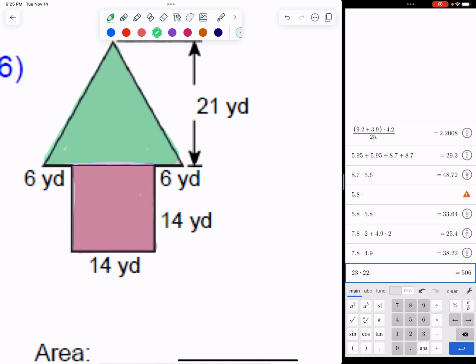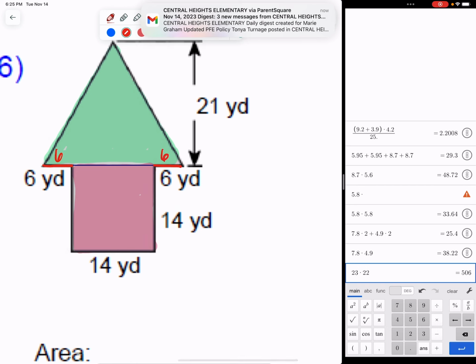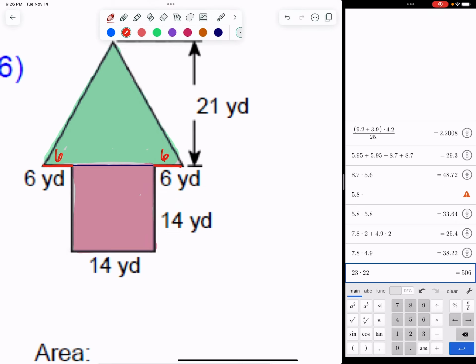Well, I need the dimensions for the base. I know from here to here is 6. I know from here to here is 6. But the problem is I need to know how big the middle is. Wait, what? The middle is 14.